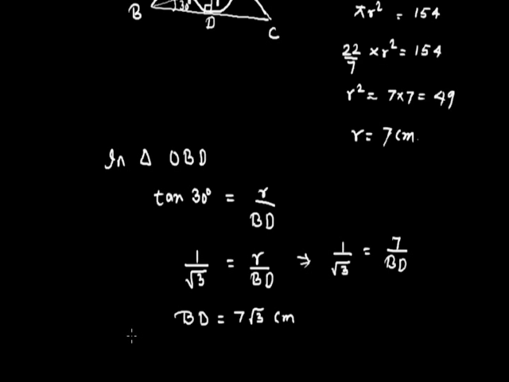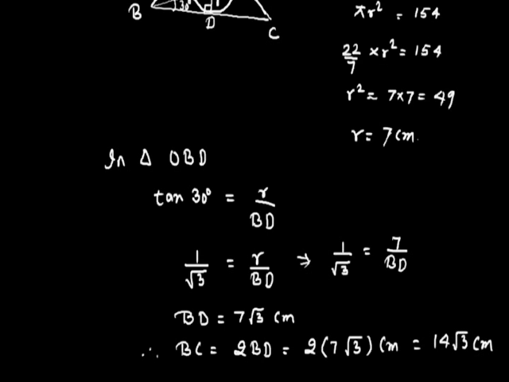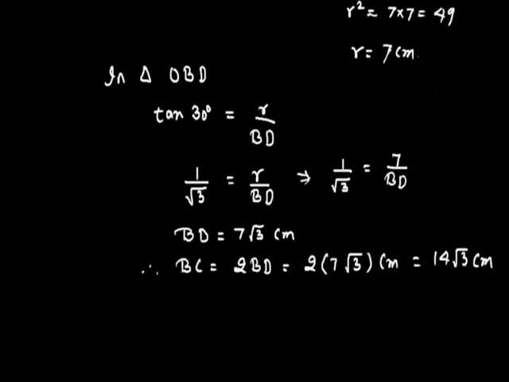Now because triangle ABC is an equilateral triangle, BC is equal to twice of BD. So twice 7 root 3 centimeter, this will be equal to 14 root 3 centimeter. So BC is equal to 14 root 3 centimeter. Now we have to find the perimeter of the triangle.